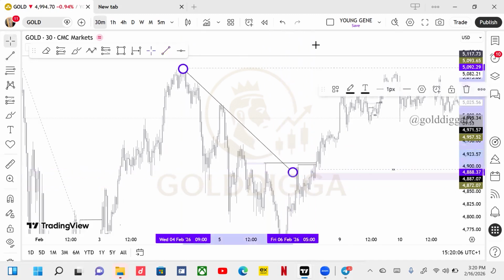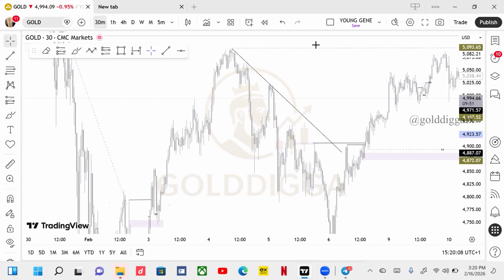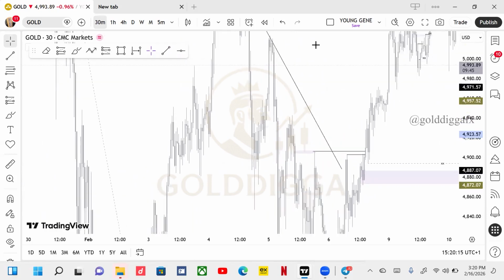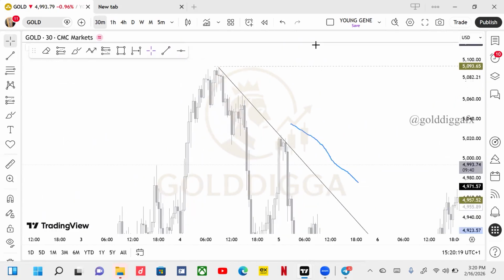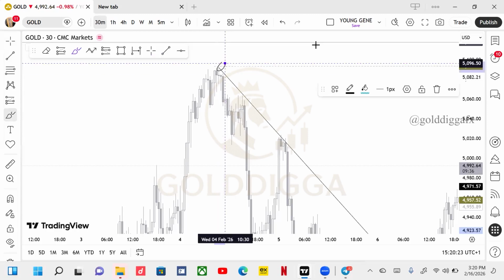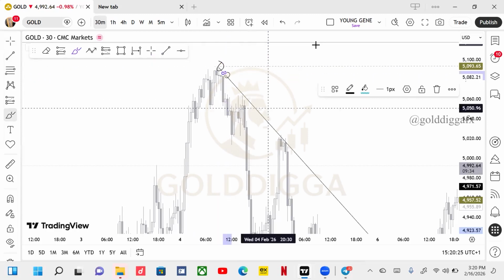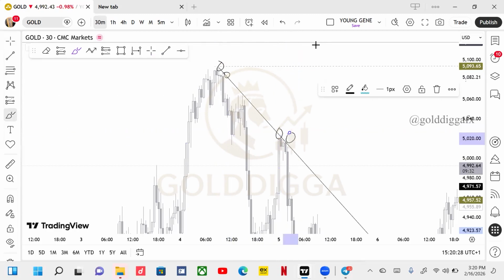So we have this one, this one here, so we have price rejecting. How many times did price bounce off this trend line? 4 times, I think. So we have first time here, second time, third time, fourth time, right?